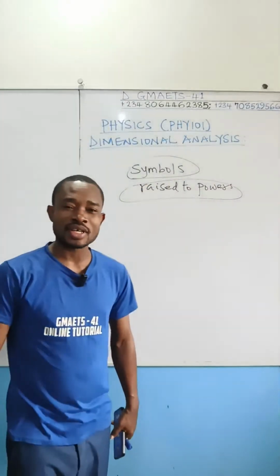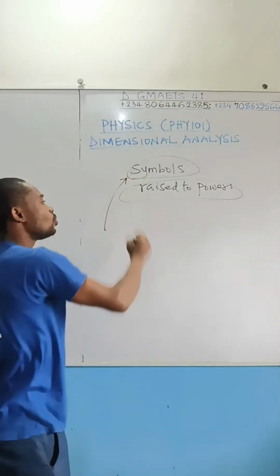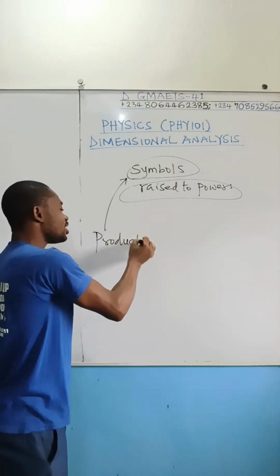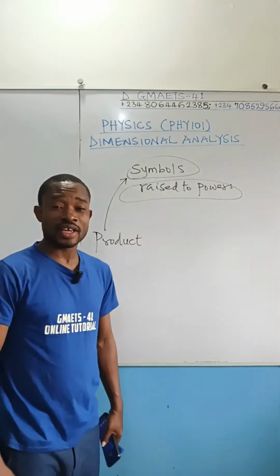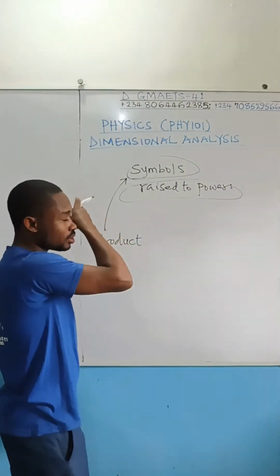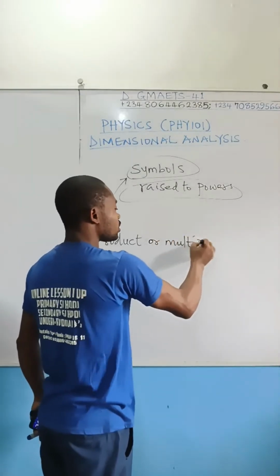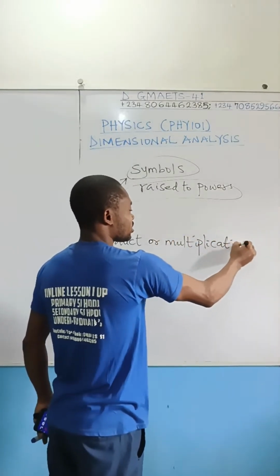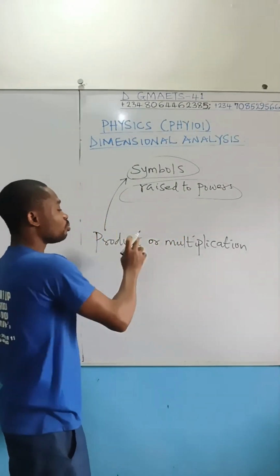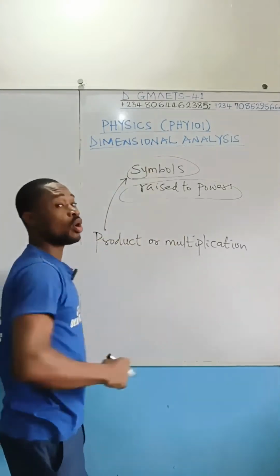That is another important term in that definition. And then, when you talk about the symbols, we actually multiply the symbols. That is why the definition says it is a way of expressing a quantity as a product of symbols. So, product or multiplication of symbols. These are key terminologies in that definition you want to take note of: product or multiplication of symbols raised to powers.